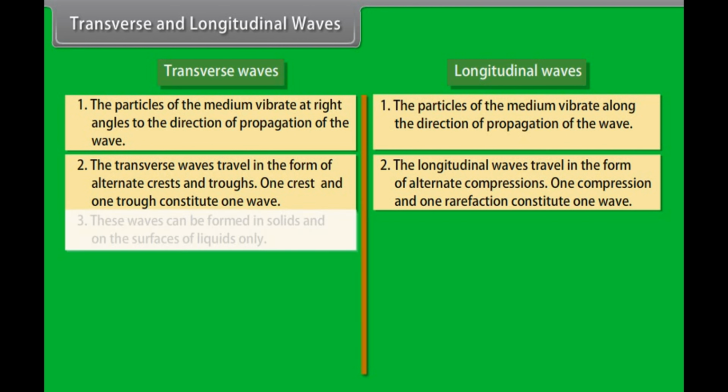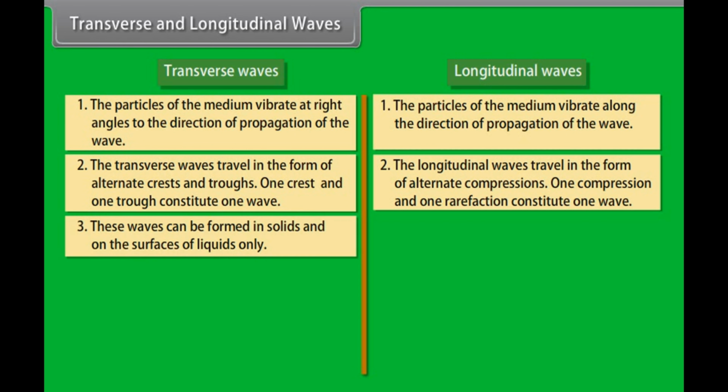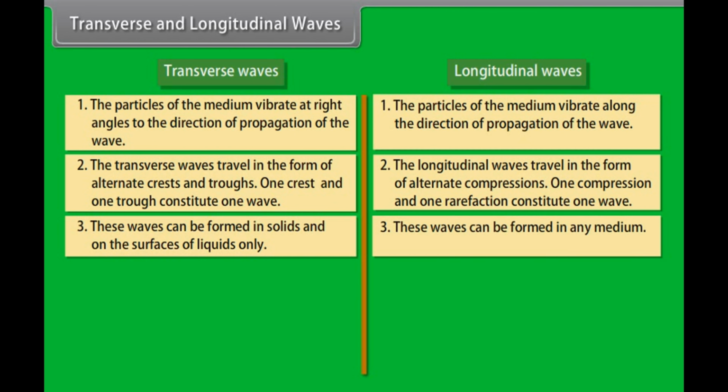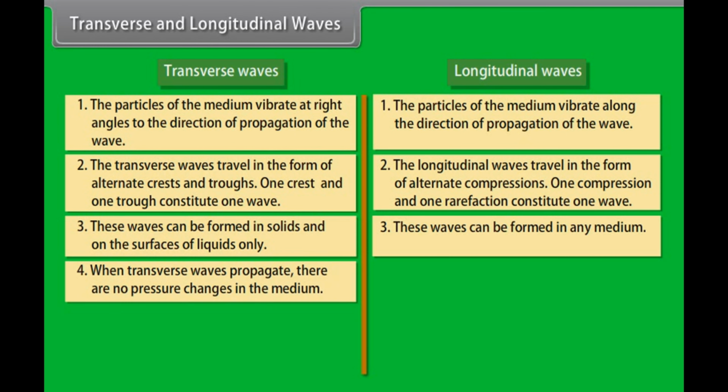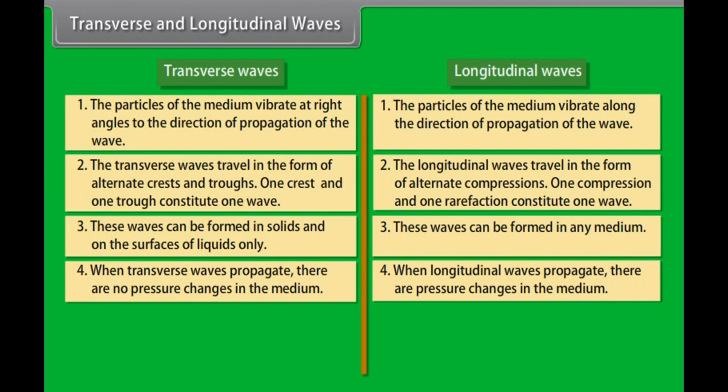Number 3. Transverse waves can be formed in solids and on the surface of liquids only, whereas longitudinal waves can be formed in any medium. Number 4. When transverse waves propagate, there are no pressure changes in the medium, but when longitudinal waves propagate, there are pressure changes in the medium.